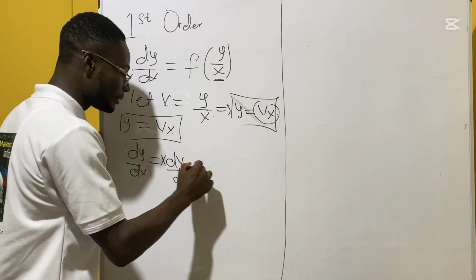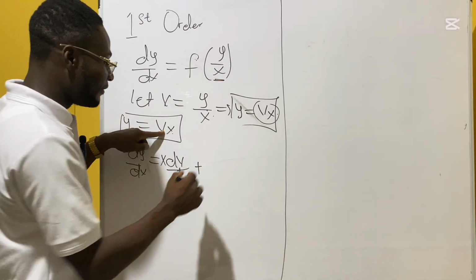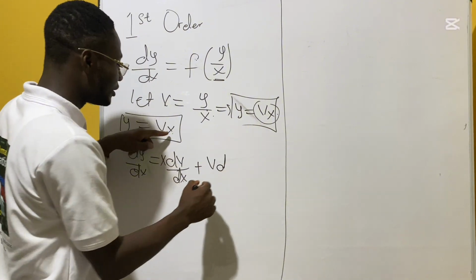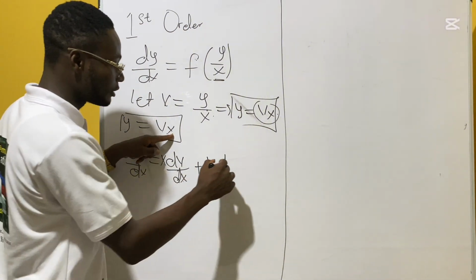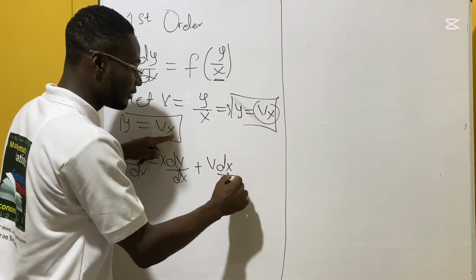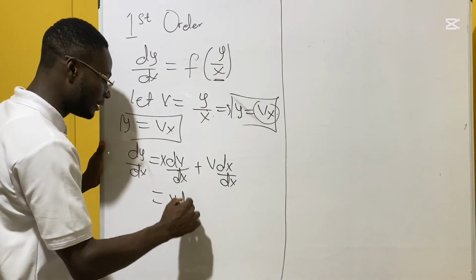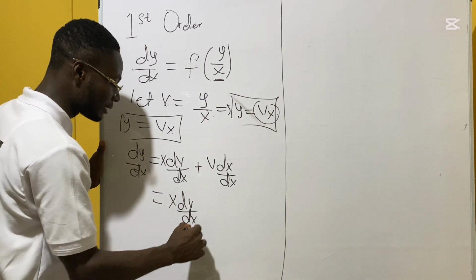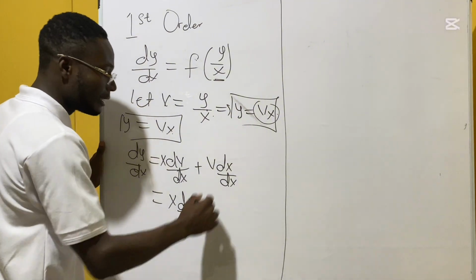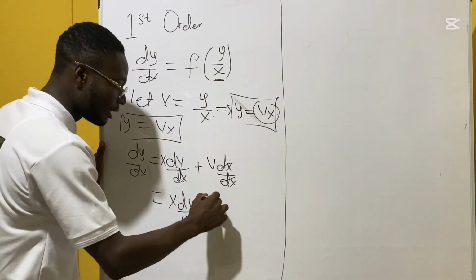Plus, we maintain the first function, v, then we differentiate the second function with respect to x, so dx over dx. So we have x dv/dx plus v.